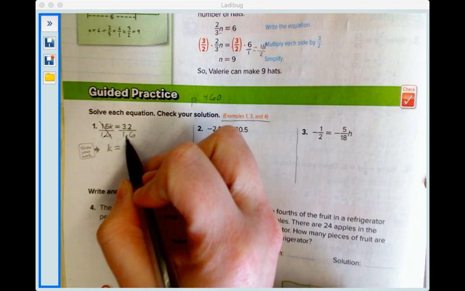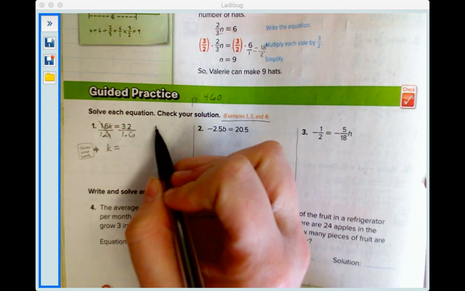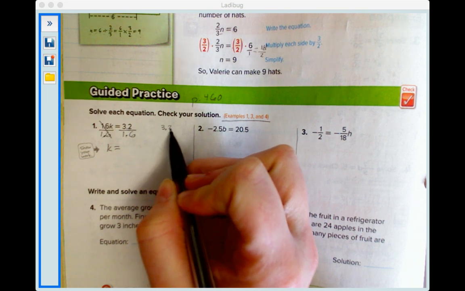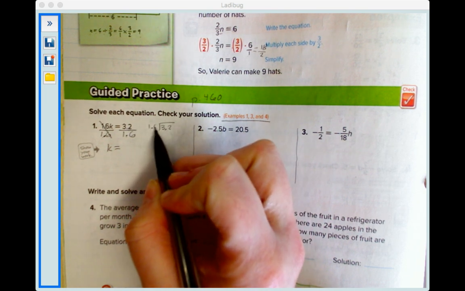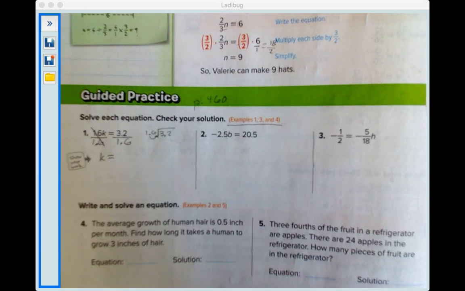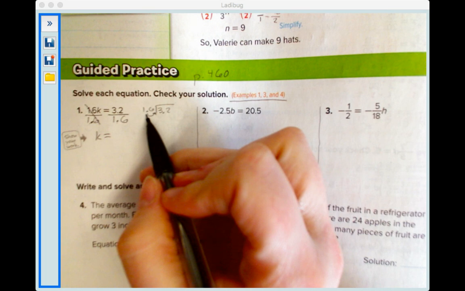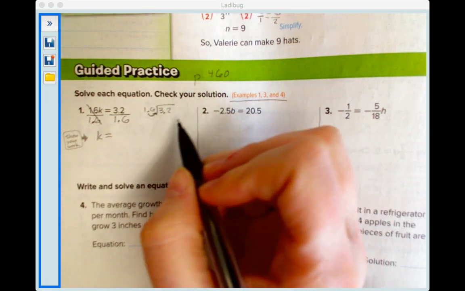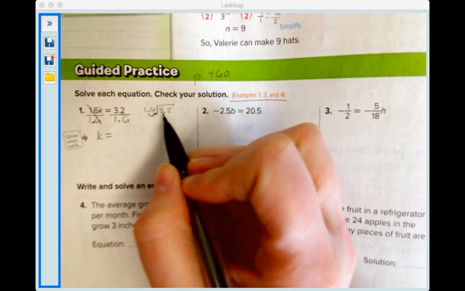Remember, in division, you need to destroy the decimal. So if it is 3.2 divided by 1.6, you're going to get rid of the decimal. So we get rid of it by moving it over to make it 16. Whatever you do to the left, you must do to the right.